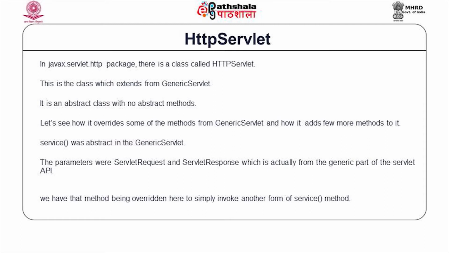One of the methods which was abstract in generic servlet was the service method, whose parameters were servlet request and servlet response. That method is overridden here to simply invoke another form of the service method.